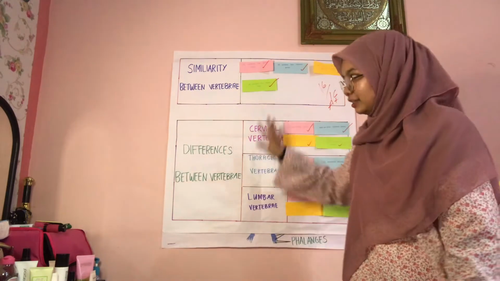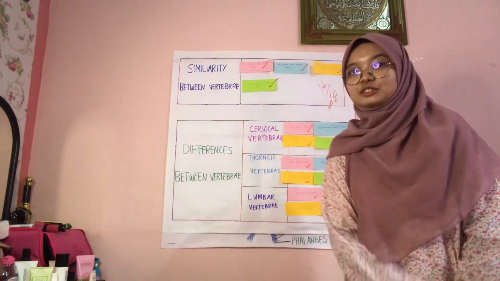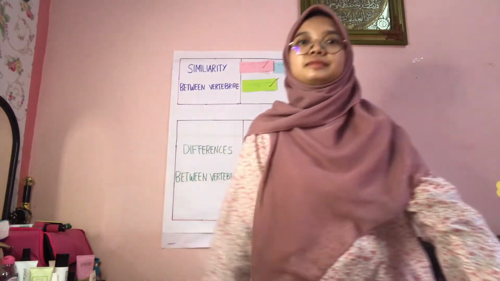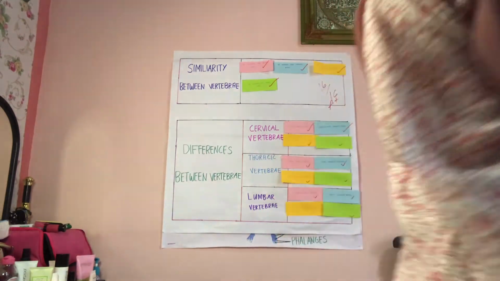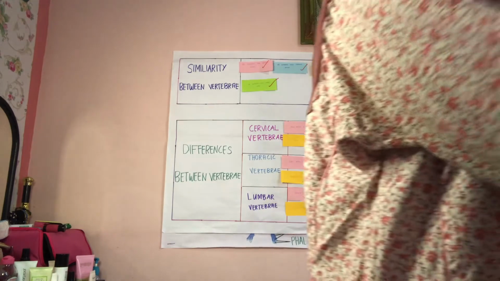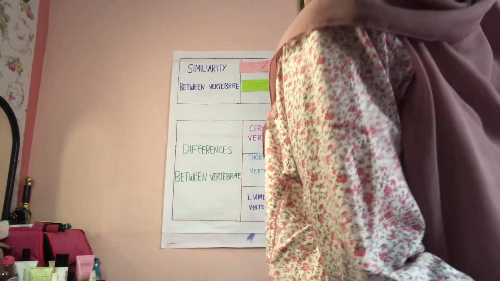Since we learned about skeleton, so what do you guys think will happen if a human does not take care of his skeleton? Okay, so you guys already have the answer. Okay, that's good.